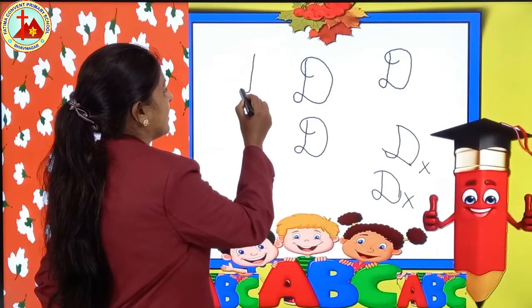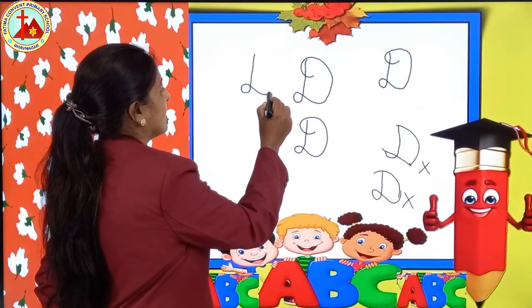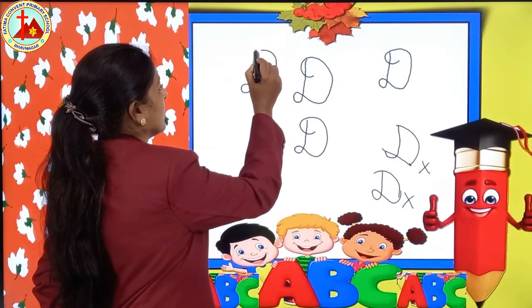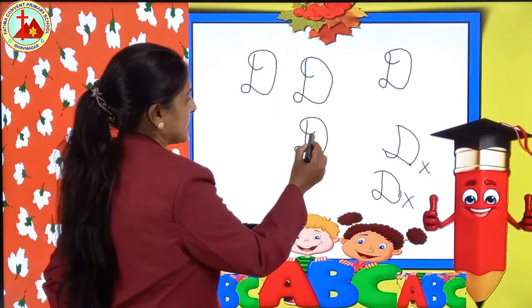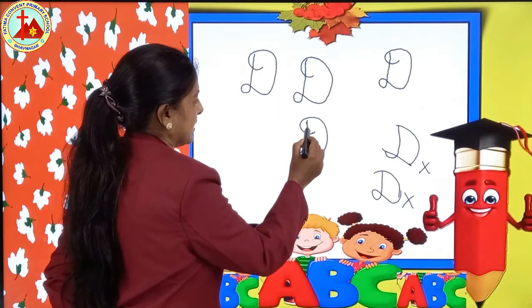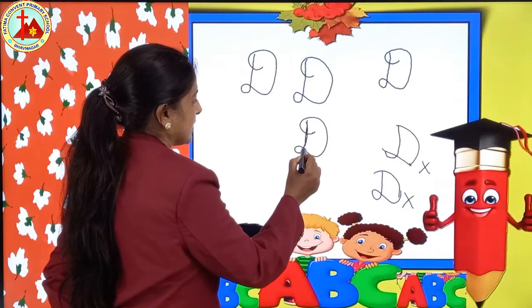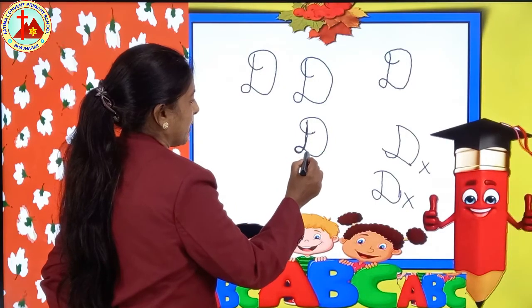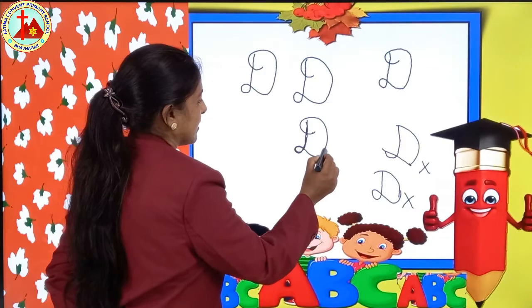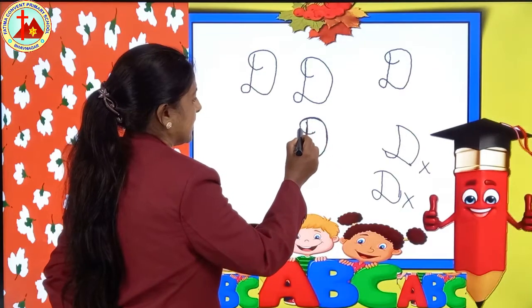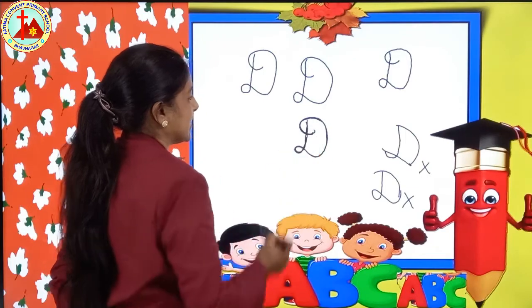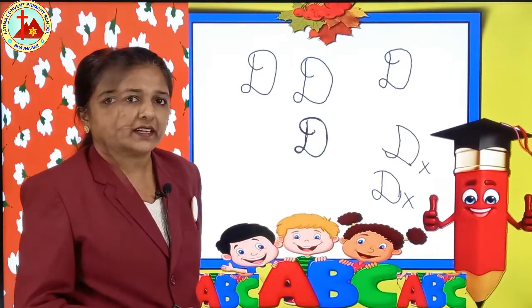Standing line, loop outside, up, make a curve, D. Starting from here, loop outside. See how Miss is tracing. This is cursive capital D.